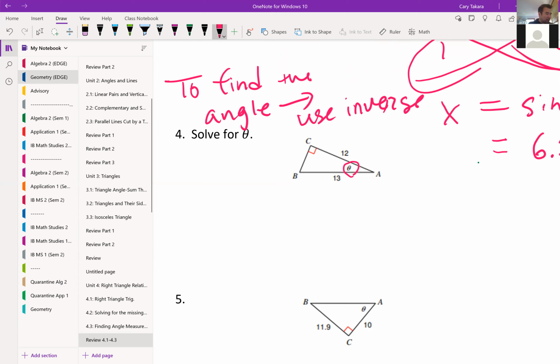So the first step, I'm going to give you maybe a minute and a half. Let's find the angle measurement.